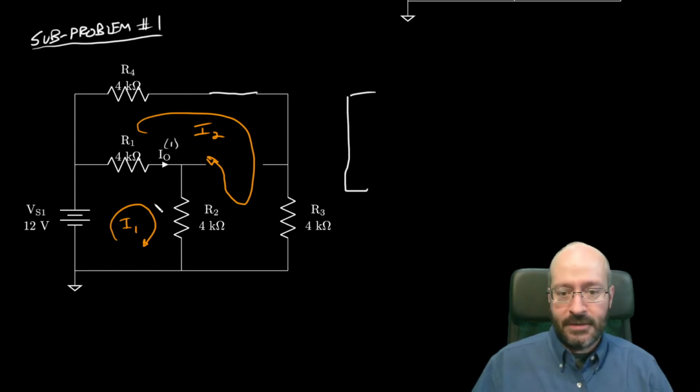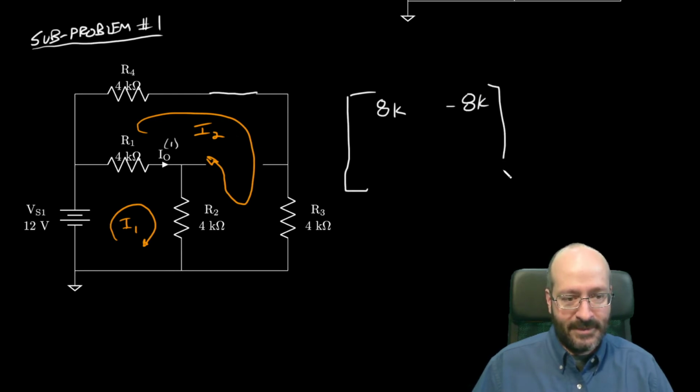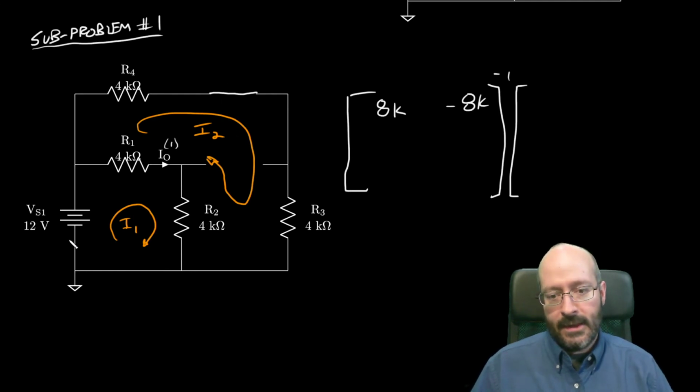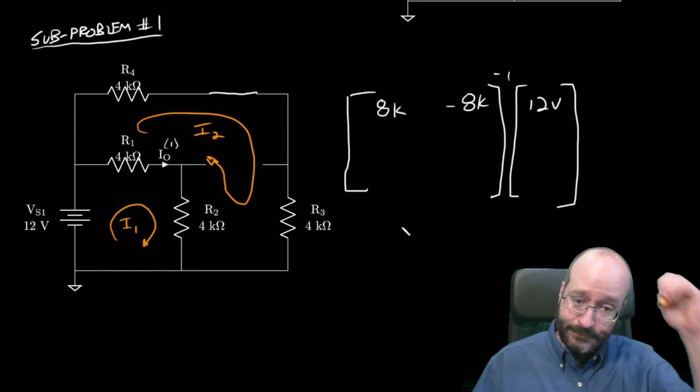What does I1 touch? It touches 8K. Okay, what does I1 touch and share with I2? Well, it also shares the 8K. All right. And on the right-hand side, it looks like we go up 12 volts. Okay.